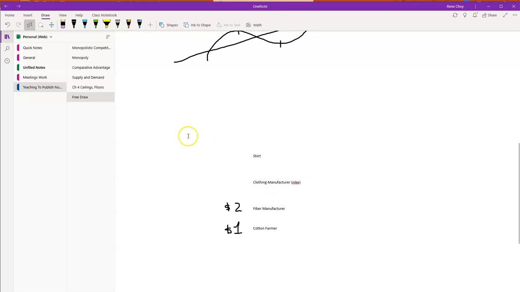Now let's say that Nike charges the next person on the line $4 for their product. Now who will be the person that buys it after that? Well, it's the retail company. Now imagine that that retail company sells it to you for $10.